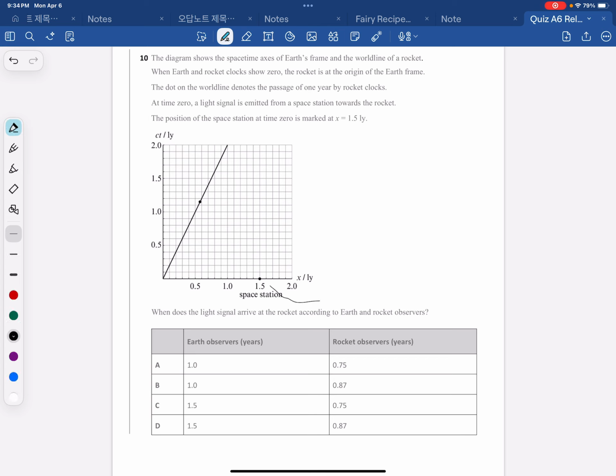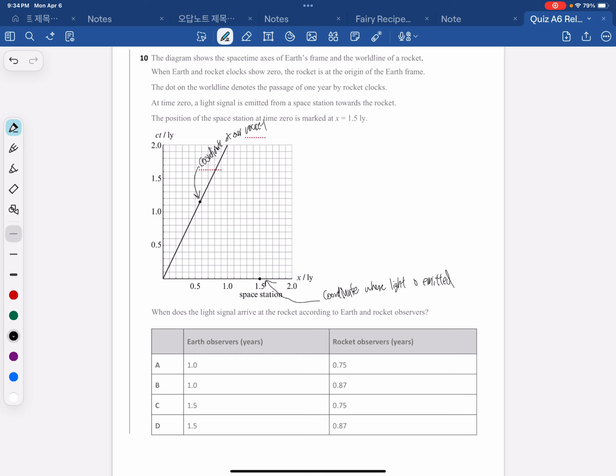So this is the coordinate where we first emit light. And this is the coordinate of our rocket.